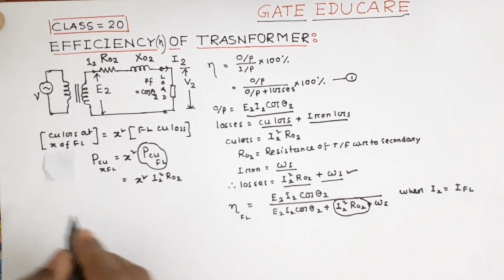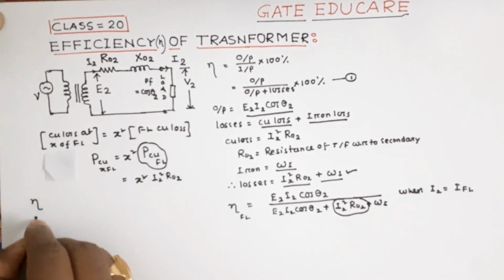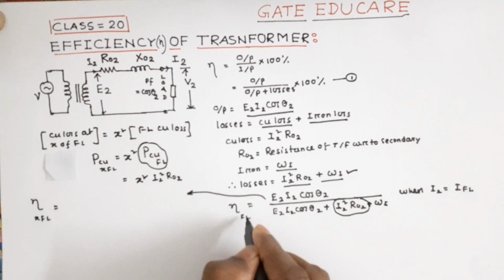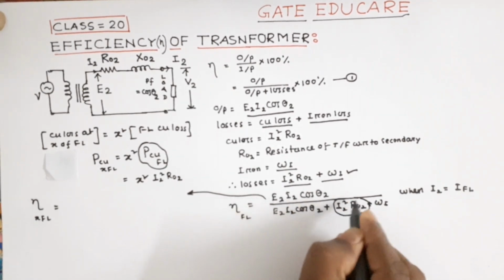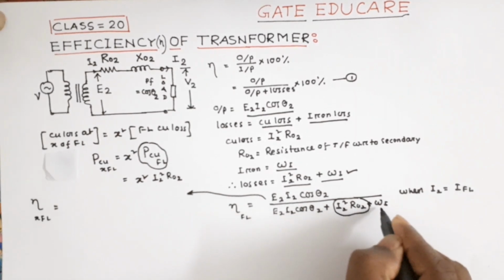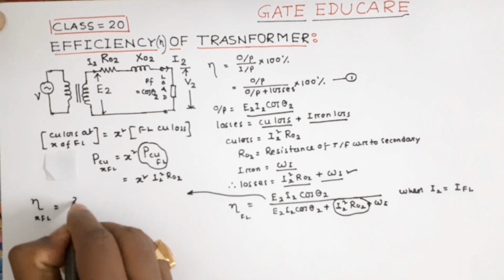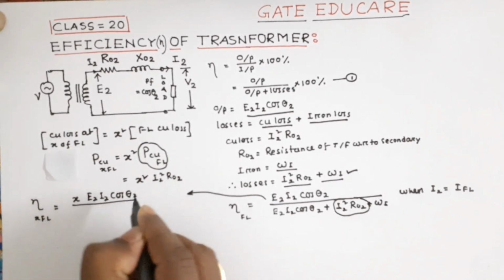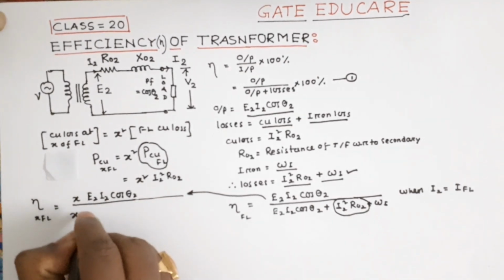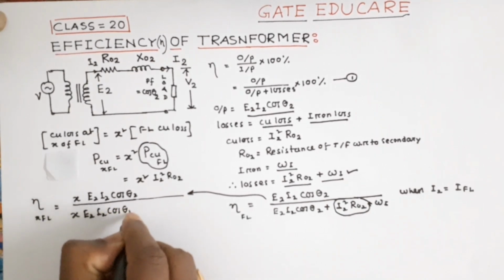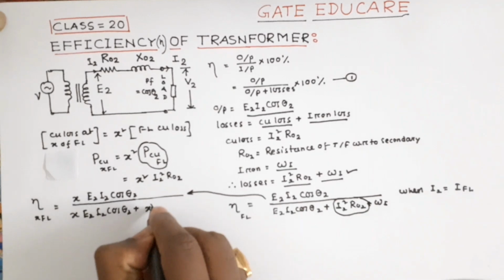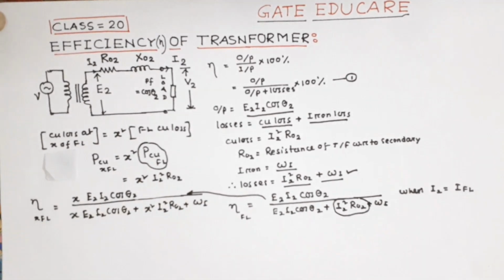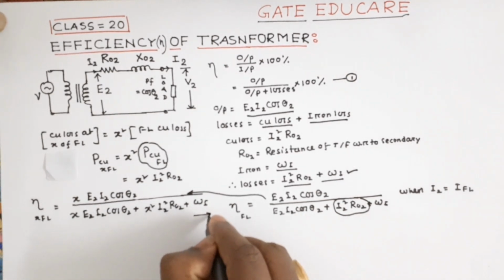Therefore, we can write the efficiency at x of full load as x into E2 I2 cos theta 2 divided by x into E2 I2 cos theta 2 plus x square into I2 square R02 plus the iron loss. Suppose this is equation number 2.